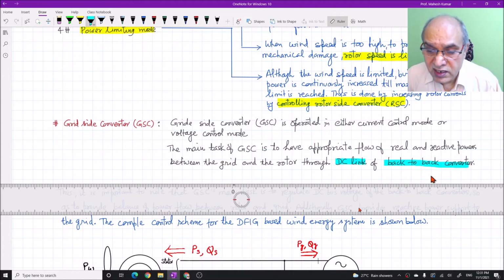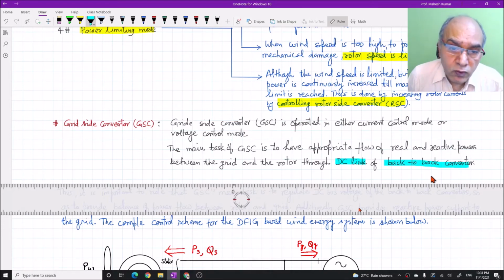This common DC link ensures that there is an appropriate power flow between the rotor and the grid, and this has to be done by the stator side, or you can say grid side converter control. So the whole idea of grid side converter control is that we have to maintain the DC link constant so that there is a balanced power flow.